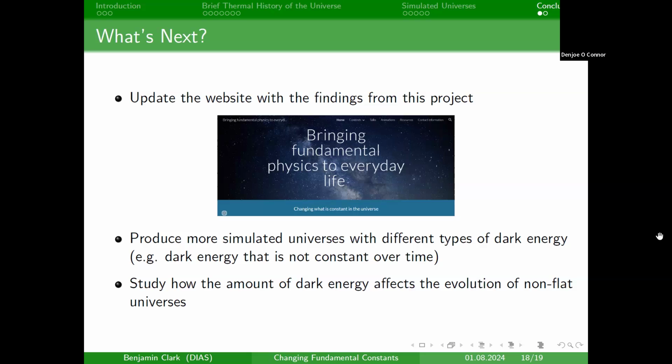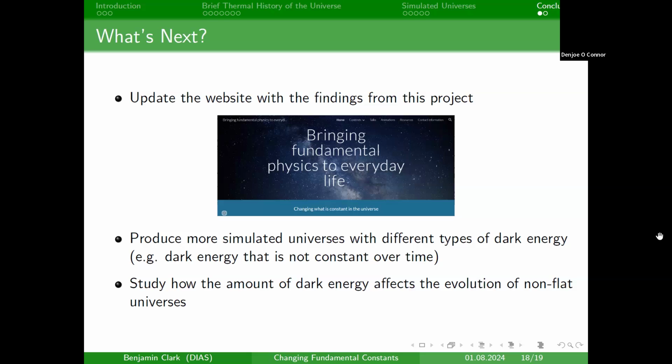So there is a website for that, and we're looking to keep developing it, to produce more simulated universes with different types of dark energies. For example, dark energy that's not constant over time, as was shown could well be the case by Daly, and Yasmin is also working on a model that isn't constant over time.